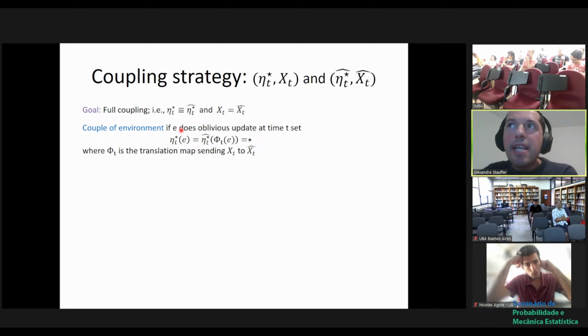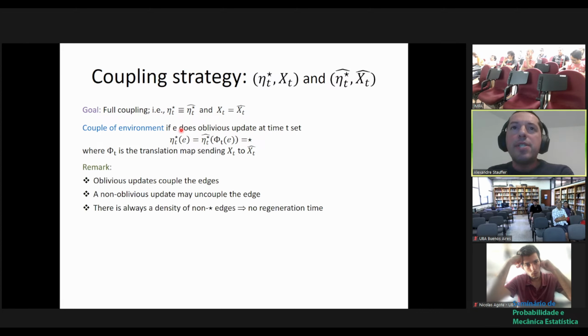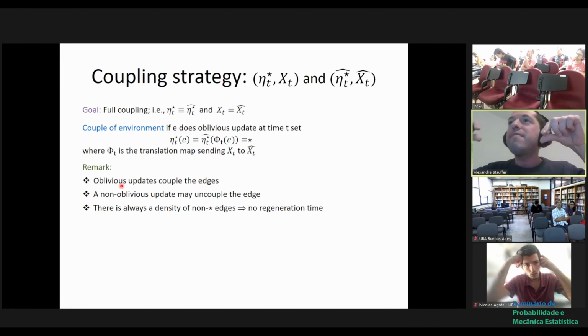So that's the environment. So just some remarks. If I do a believers update, I couple the edge. So I help coupling the environment. And remember that if an edge in one environment and the corresponding edge in the second environment are both star edges, and I have to reveal them, I can couple this revealment so that they are both either open or closed.